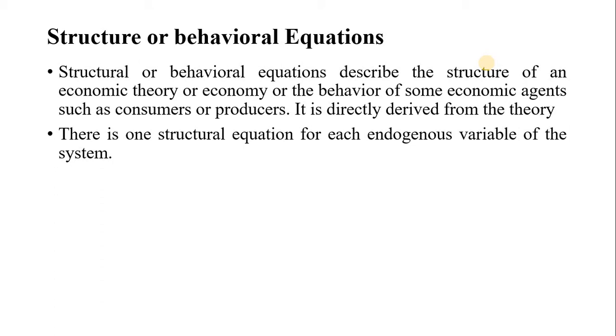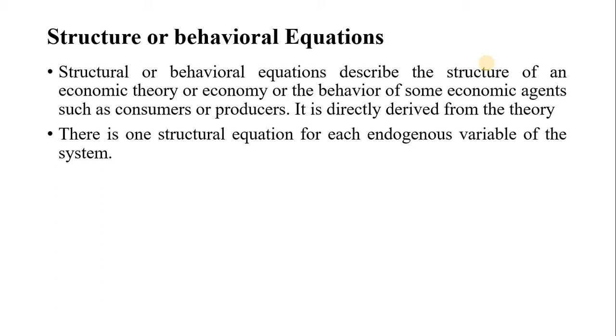If you have two endogenous variables in your system, then there will be two structural equations. Consumption is equal to beta 0 plus beta 1 Yt plus ut, the first equation. In this equation, consumption Ct and Yt are jointly determined, one is called an endogenous variable.